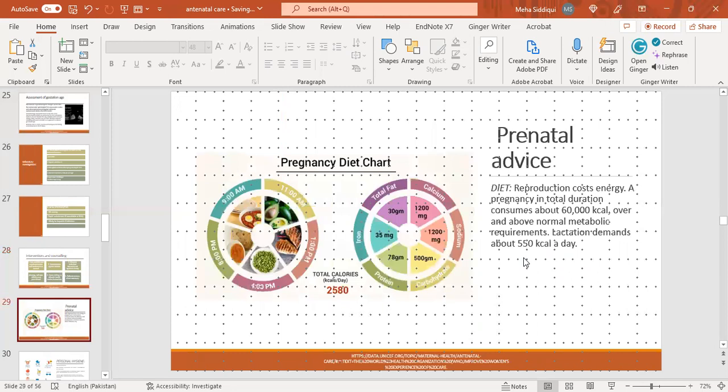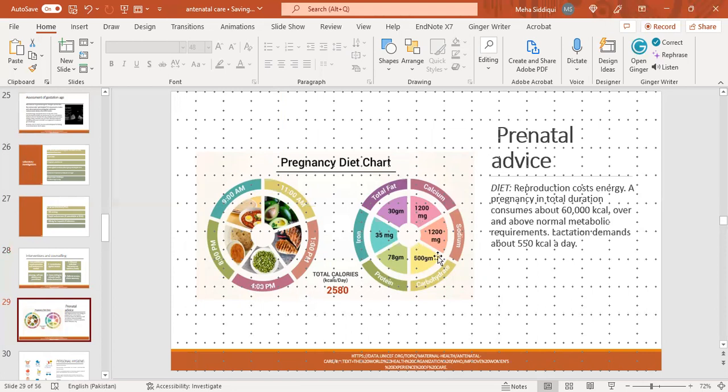Prenatal advice. It consists of diet and reproduction cost energy. A pregnancy in total duration consumes about 60,000 kilocalories over and above normal metabolic requirements, and lactation demands about 550 kilocalories a day. So, our total calories per day needed by a pregnant lady should be around 2,580.